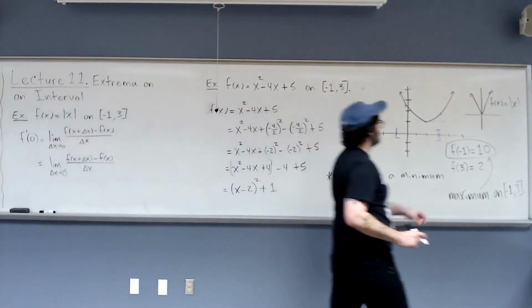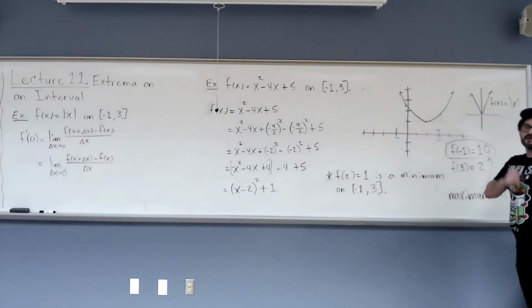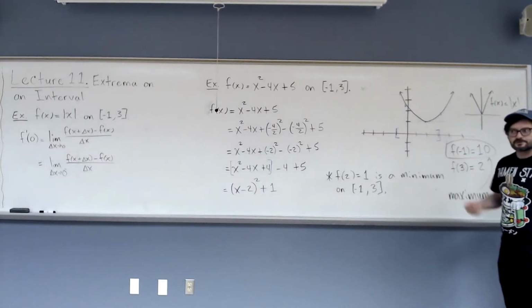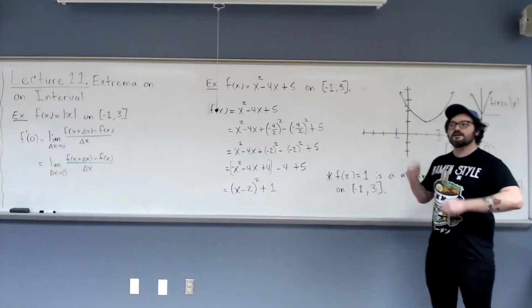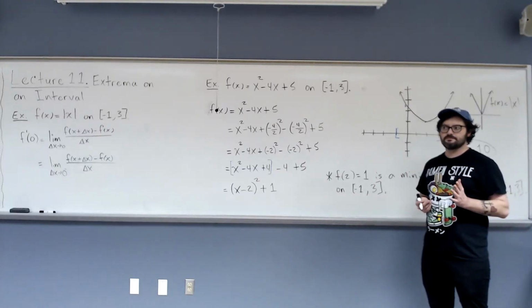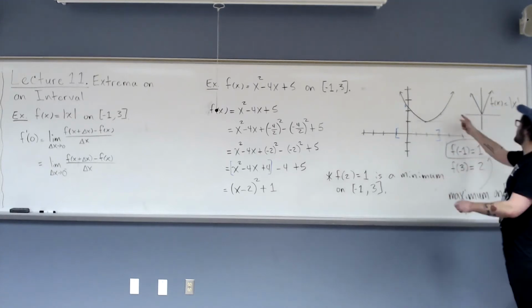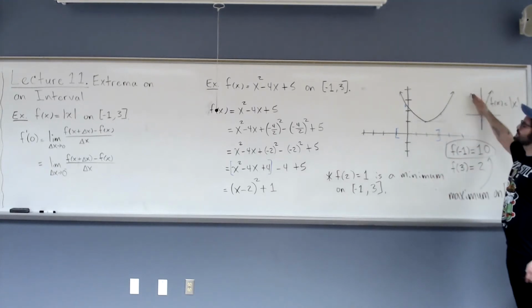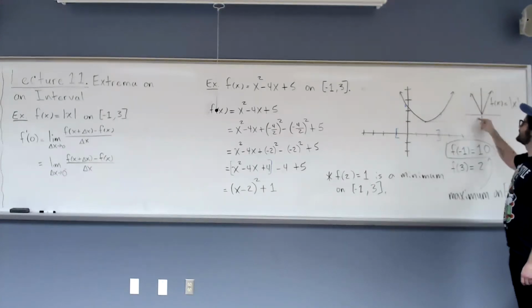So again, the derivative is not telling us where the function is going. The derivative is telling us the slope of the tangent line. On the left-hand side, as we approach 0 from this side, what's the slope of the tangent line to any point on the left-hand side?